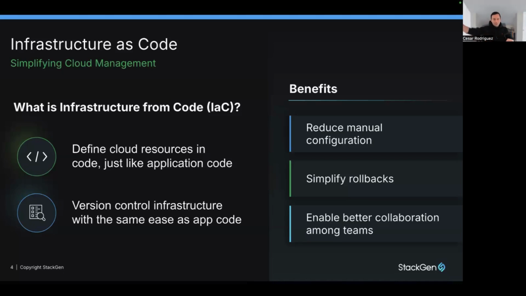In the Terraform that the customer already had, there were resources like S3 buckets that the infrastructure as code was defining. They had Terraform templates defining this, but with StackGen, when we scanned the application, we didn't see those resources.